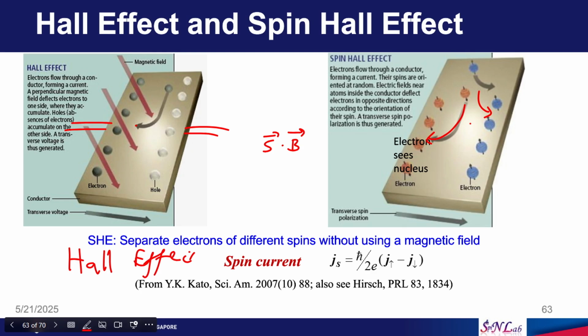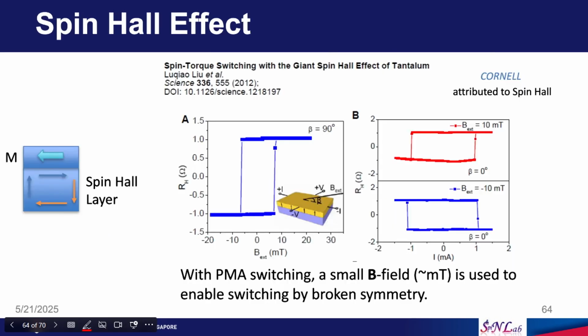Okay. So, this is called spin Hall effect, and you can use this effect to switch the magnetization and make MRAM devices. Okay. So, this spin Hall effect was proven experimentally somewhere in 2012.